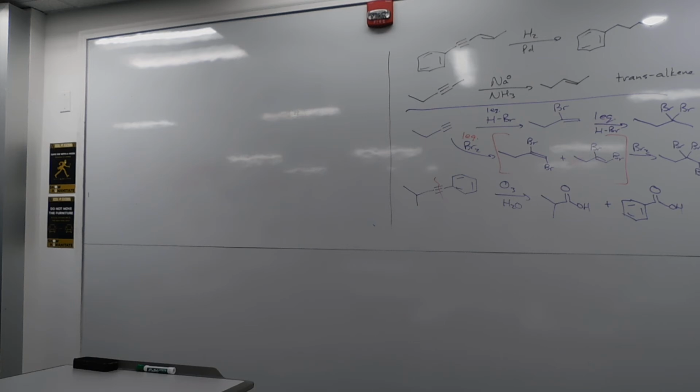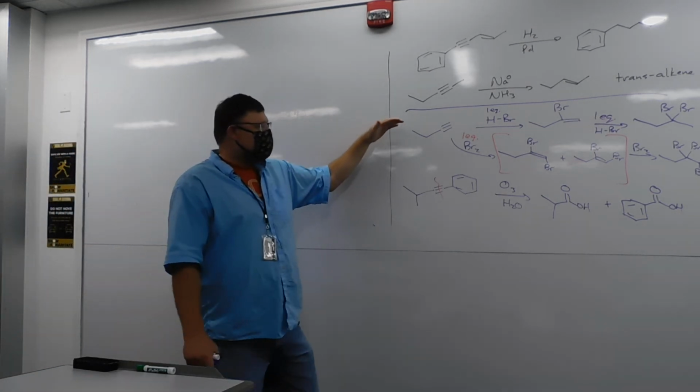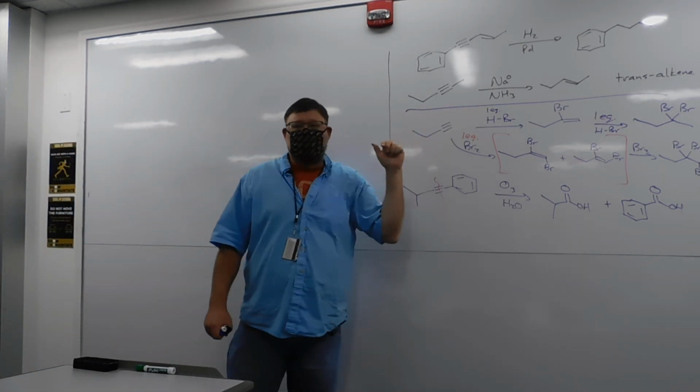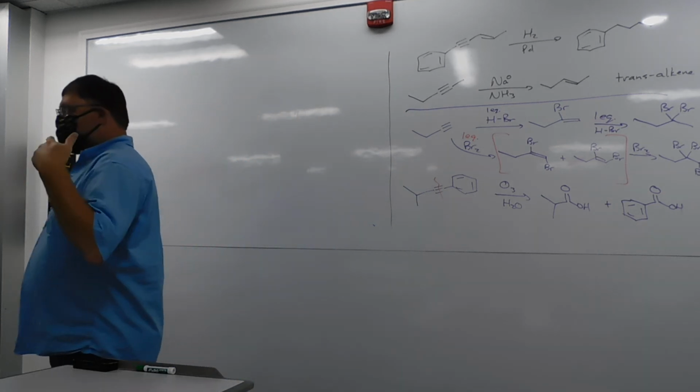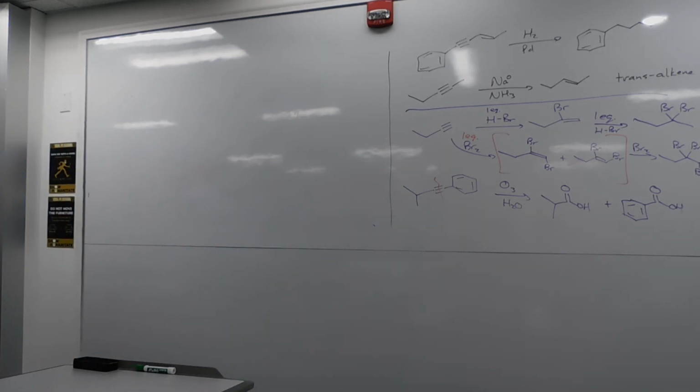Faster with chlorine, but it's harder to stop at one. Like I said, I probably shouldn't say this in class, just in case, but I can't imagine I'll ask you that question. Right? It's not a real useful reaction. It's fairly complex. Even the one above that, the top reaction, the reaction of HX with an alkyne, looks like it ought to just be exactly like the reaction with an alkene.